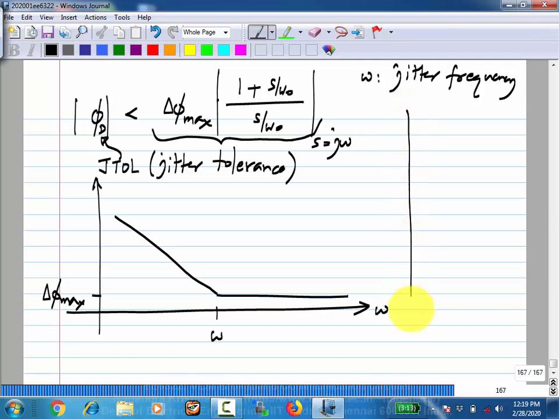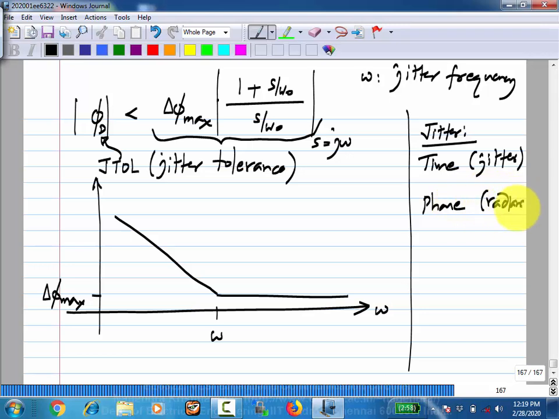Typically, there are different measures that are used for any of this jitter or any of these time related quantities. So let's say jitter, you can specify it in units of time, and this is what is usually called jitter or time jitter. Or you can express it in phase, in radians, or you can also express it in unit intervals, that is the number of cycles, and this is nothing but phase divided by 2 pi.